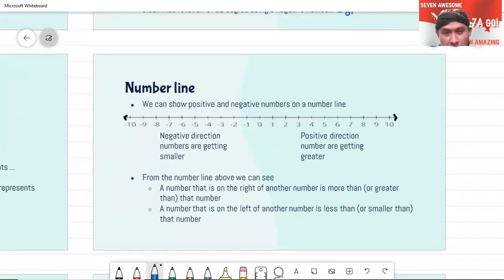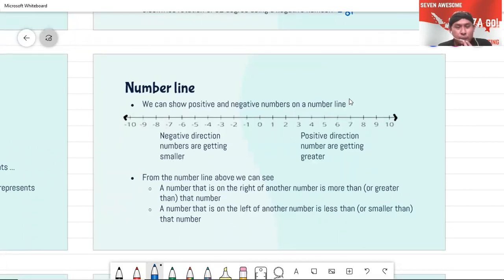We can show positive and negative numbers on a number line. As you can see, if we move to the right, the number becomes greater, and when we move to the left, the number becomes lower.